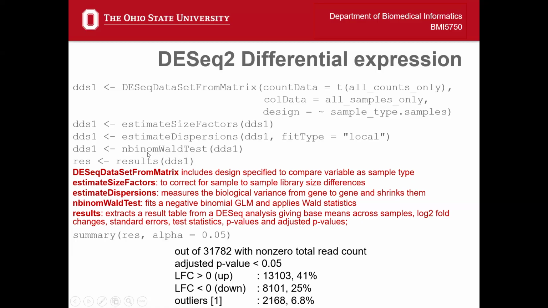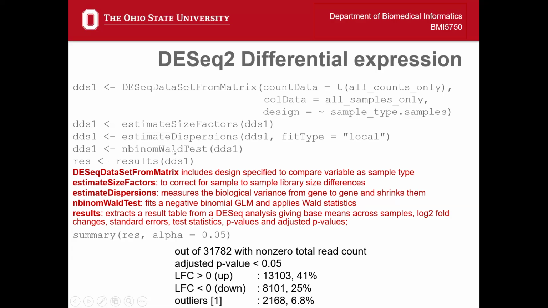And then this nbinomWaldTest. This is our negative binomial statistical test. It's going to fit this negative binomial and apply Wald statistics to get us that p-value out of it. And we'll talk about p-value a little bit later. But that is our statistical test.